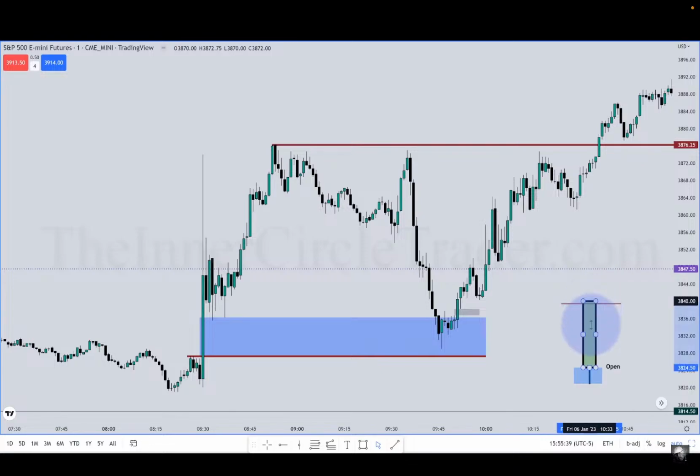Well, while you're watching price, when it's down here like this, meandering around like it was doing here, I'm not paying attention to all of this. This is all based on the reaction to 8:30 in the morning at non-farm payroll.